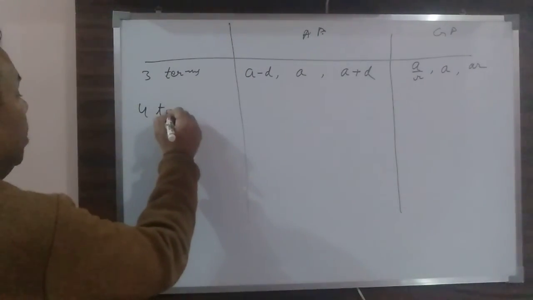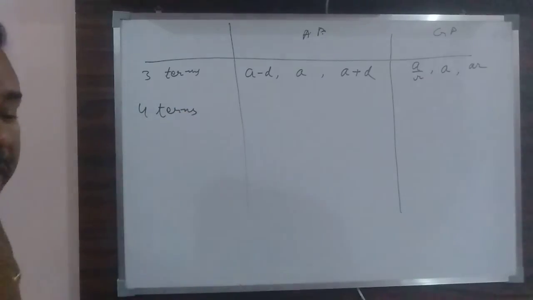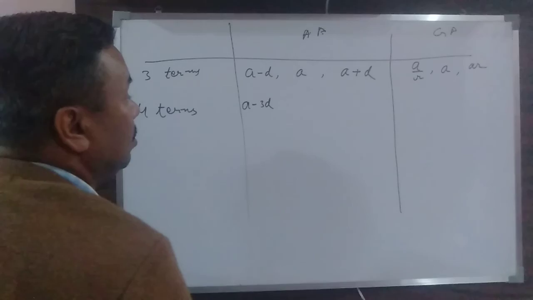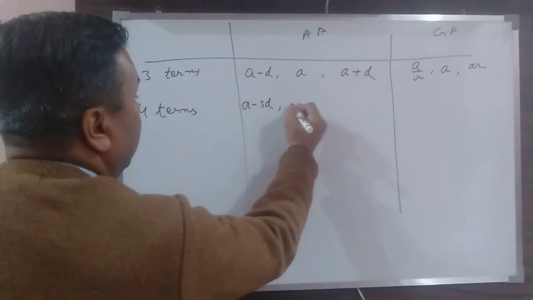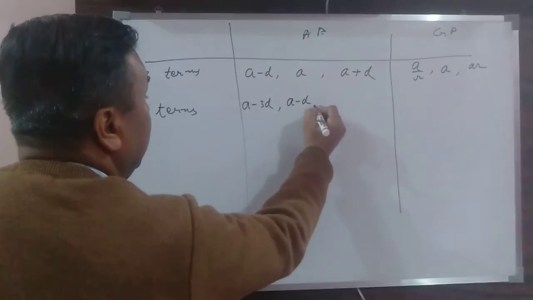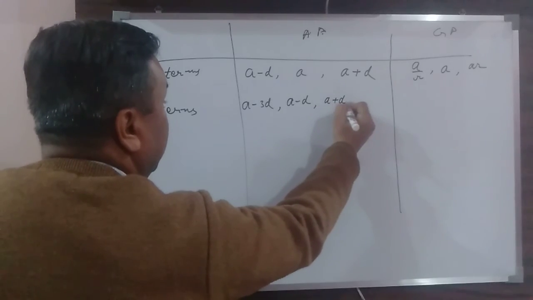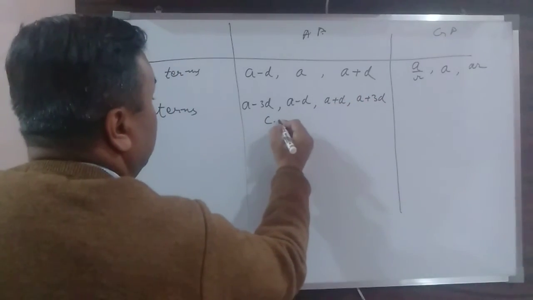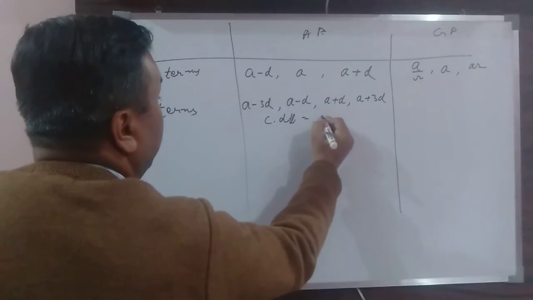If you are given 4 terms, okay, then you take first term as a minus 3d, second term as a minus d, third term as a plus d, and fourth term as a plus 3d, and here your common difference will be 2d.